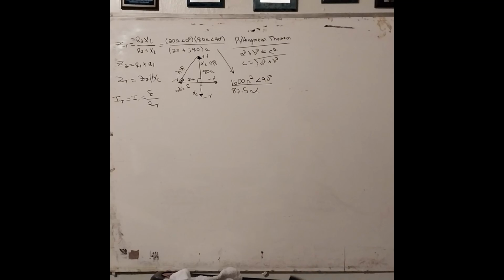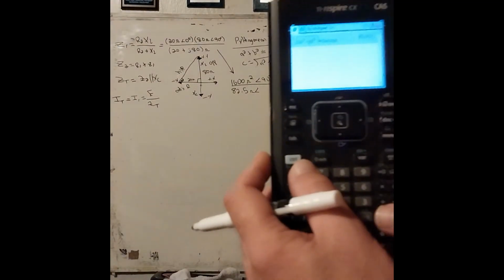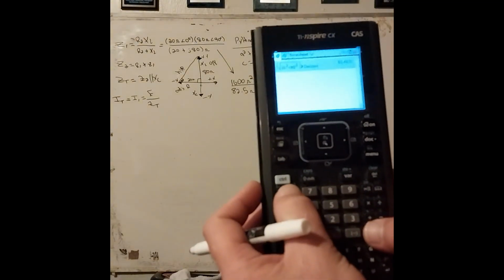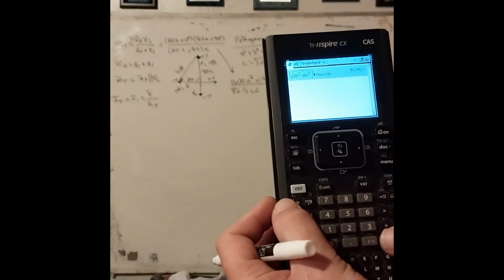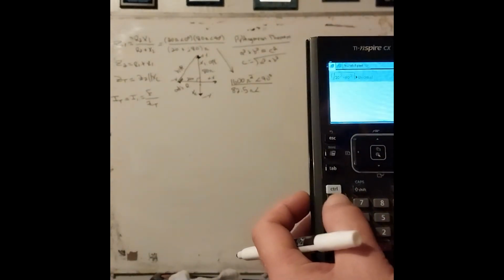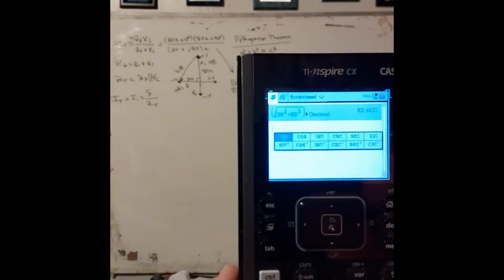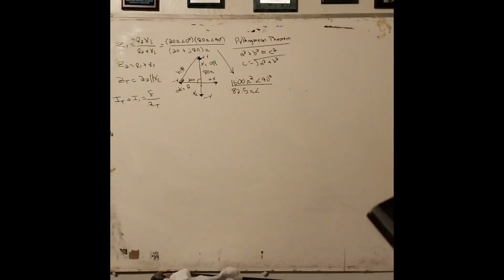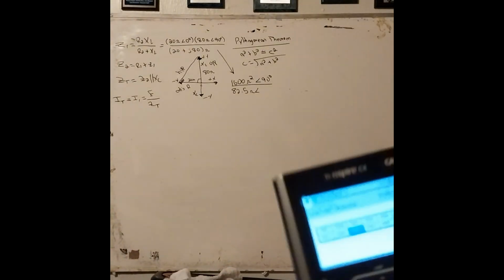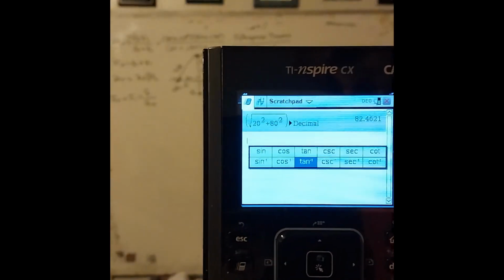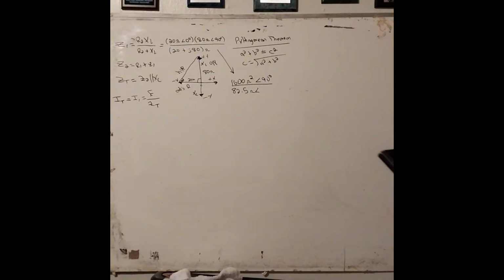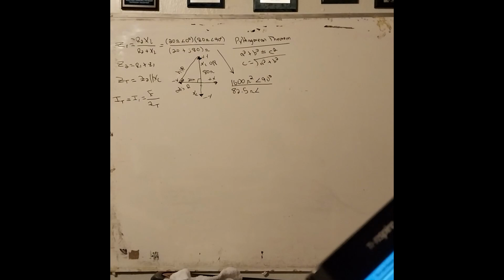On this calculator, I have the trig function right here, right of my thumb. When I hit this, I get these options. And I want to take the inverse tangent of 80 divided by 20, or 4, because that's the same value as 80 divided by 20.